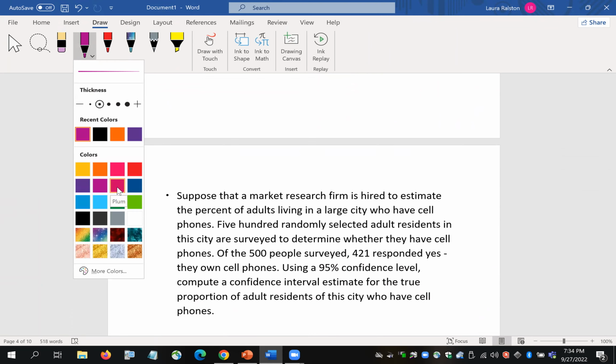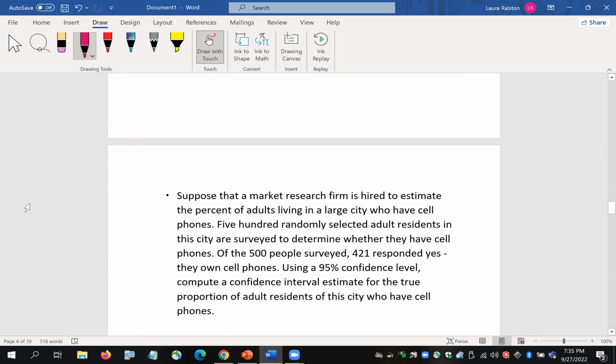Again, if I'm looking at this problem and I read through it, it says, suppose that a market research firm is hired to estimate the percent of adults living in a large city who have cell phones. 500 randomly selected adult residents in this city are surveyed to determine whether they have cell phones.